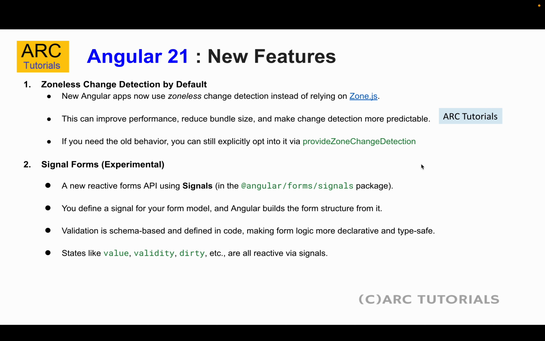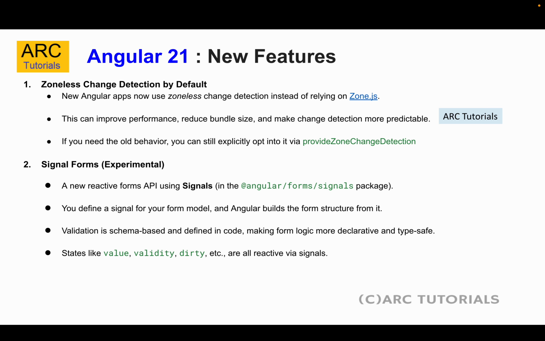The second thing is totally new, brand new. It's experimental, and it's in the reactive forms. Now we can build the reactive forms API using signals. This is an important change because you can define a signal right in your form model, and Angular will build the form structure from it. This is a very big change.